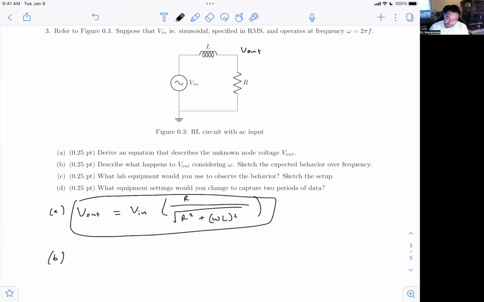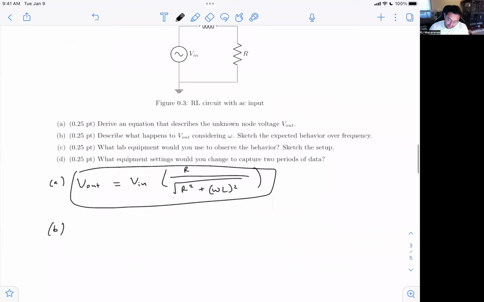Just looking at the circuit, when omega is 0, that inductor is going to become a short. So it's going to take in whatever value V in has. So V out is inversely proportional to omega, because we have that maximum transfer at omega equals 0.